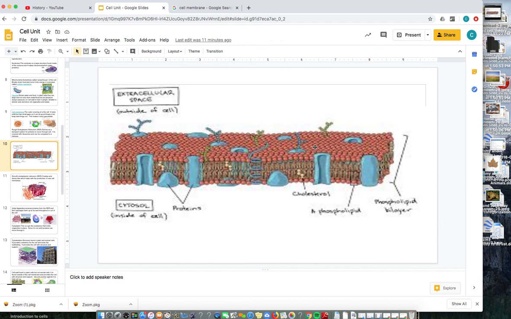Viruses actually have keys on them. And if a virus has the correct key, it can open up the cell membrane and go inside the cell. Since viruses aren't alive, what organelle is in charge of reproduction? Ding, ding, ding, that's right, the nucleus. They go to the nucleus, and the nucleus will help them reproduce.